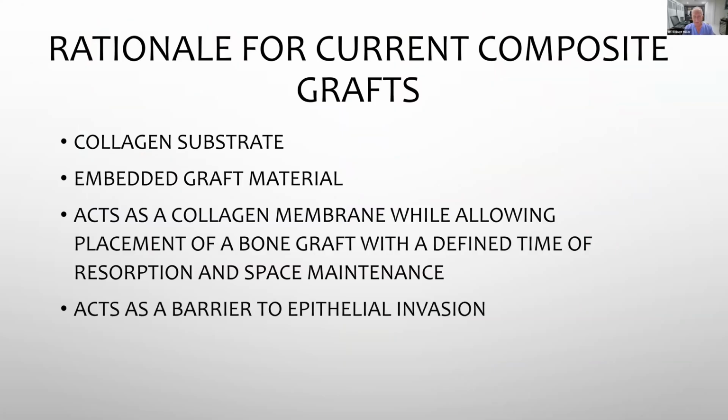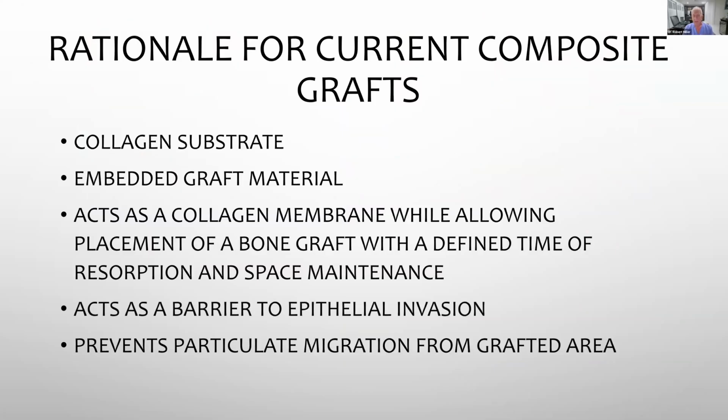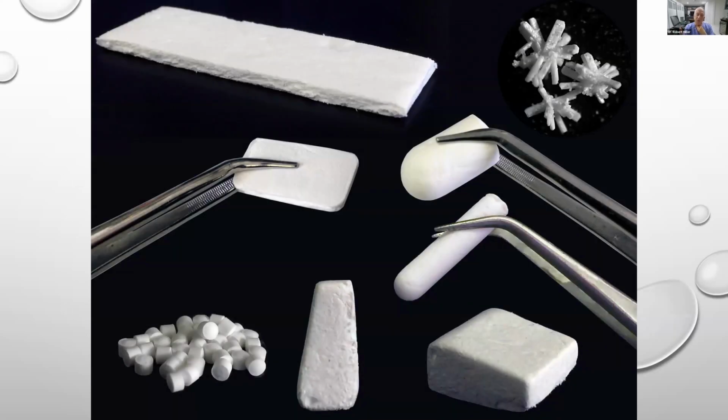It acts as a barrier to epithelial invasion, prevents particulate migration from the grafted area, unlike particulate graft material alone that you didn't have to cover with a collagen membrane. And this is what it looks like in its different forms. It comes in strips, it comes in bone matrix, it comes in bone plugs, it comes in blocks.